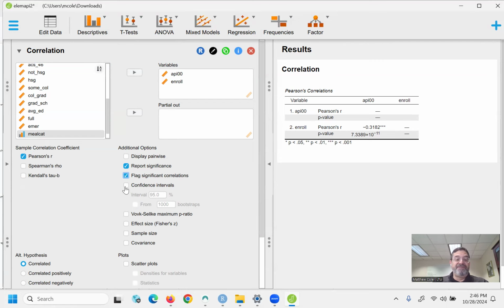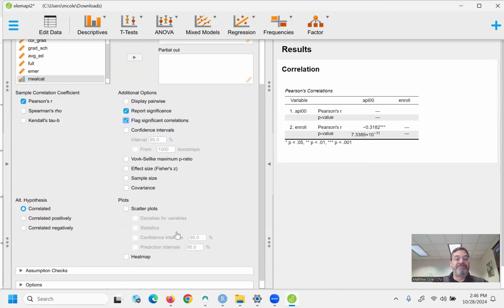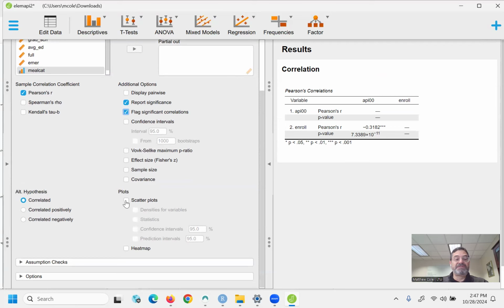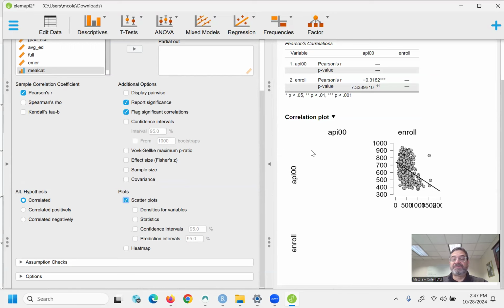You could do the confidence intervals. That's basically what I like to do. And then we can do a scatter plot. So that is showing us all of the scores, and it's showing us the best fit linear line.